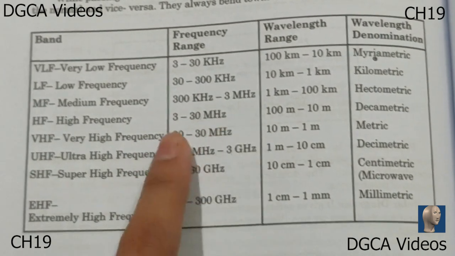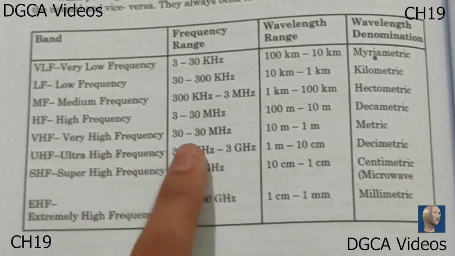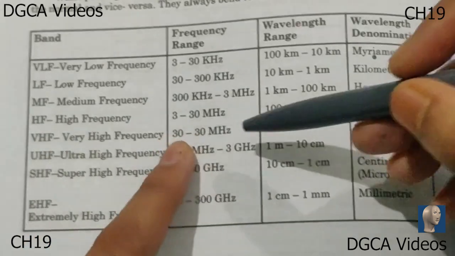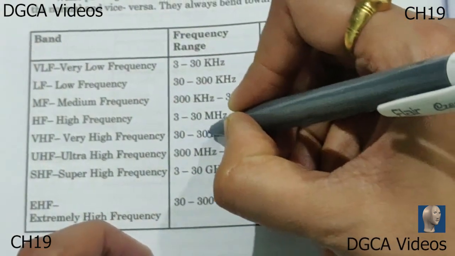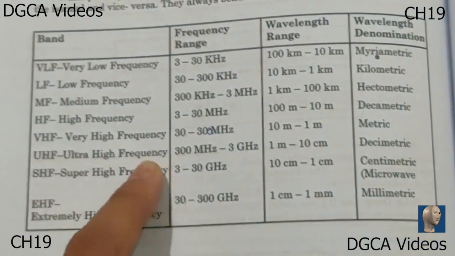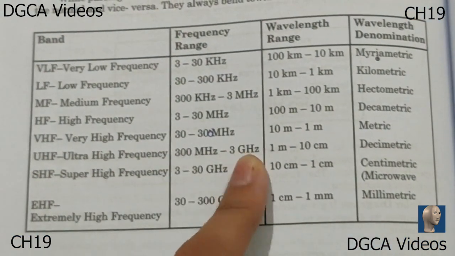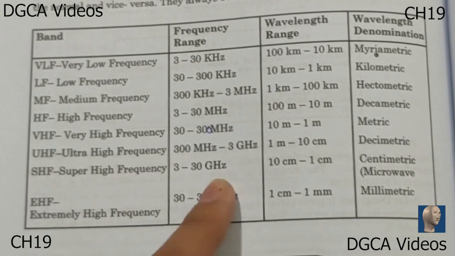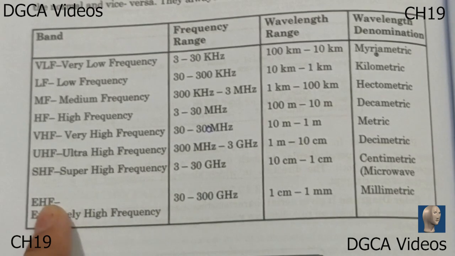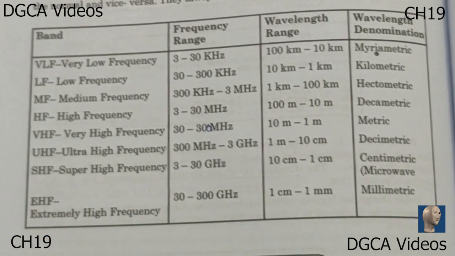Keep this in mind and then keep adding. For VHF, it will be 30 to 300 megahertz. This is written wrong here: 30 to 300 megahertz. Ultra high frequency will be 300 megahertz to 3 gigahertz. From 3 gigahertz to 30 gigahertz, it is SHF, and EHF is 30 to 300 gigahertz.